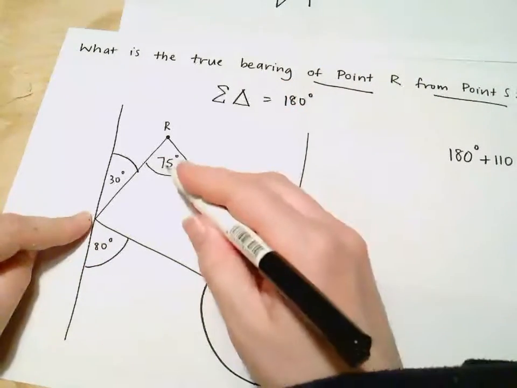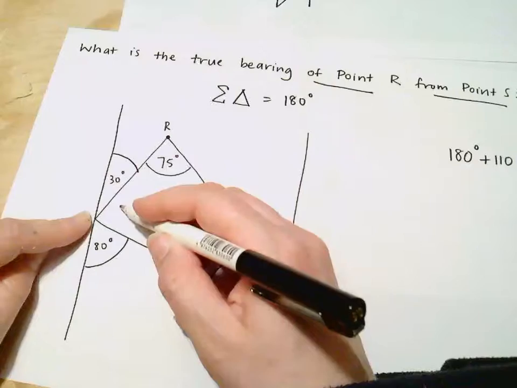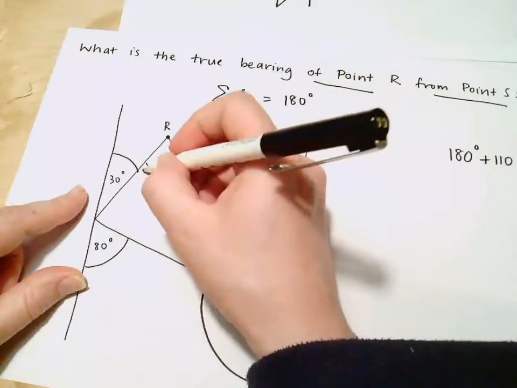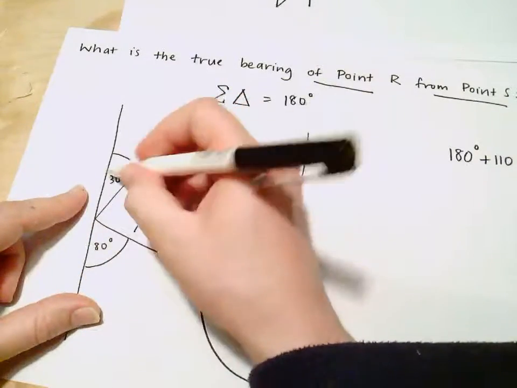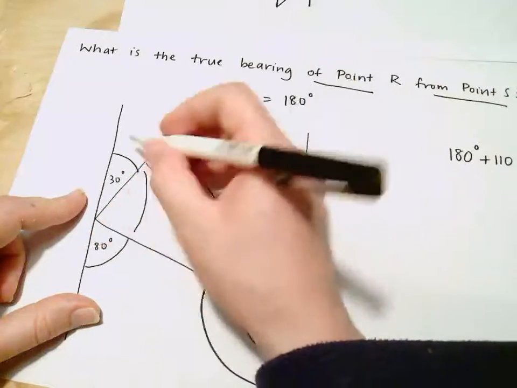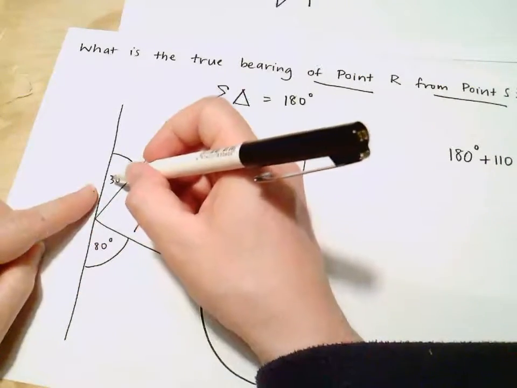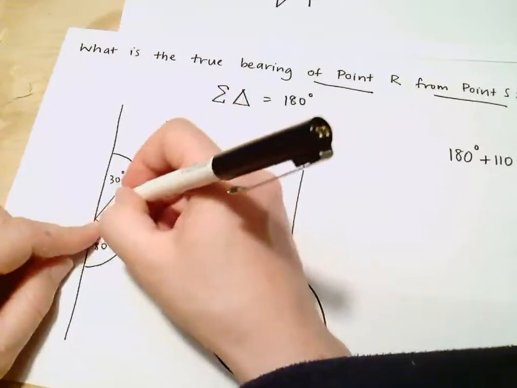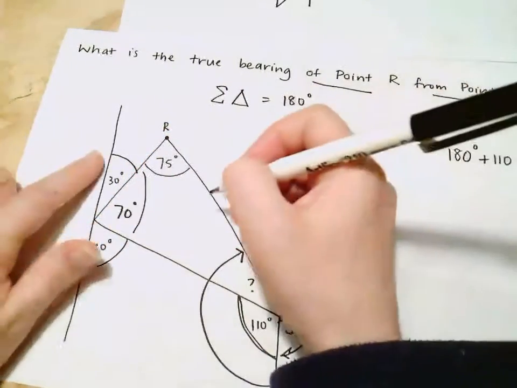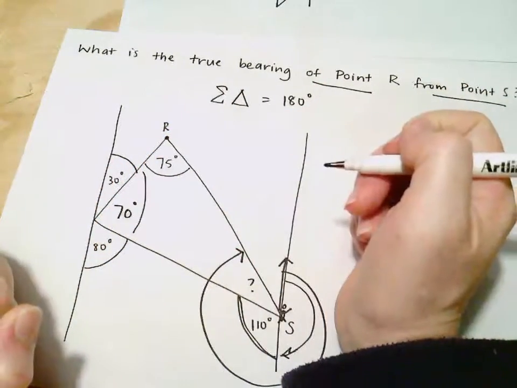So I know this is 75 and I can work this out. These three angles have to add up to 180 because they form a straight line. So 80 plus 30, that gives me 110. So I know that this angle here must be 70 in order for them to add up to 180.